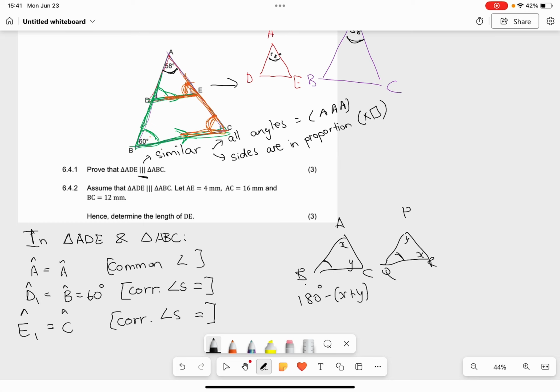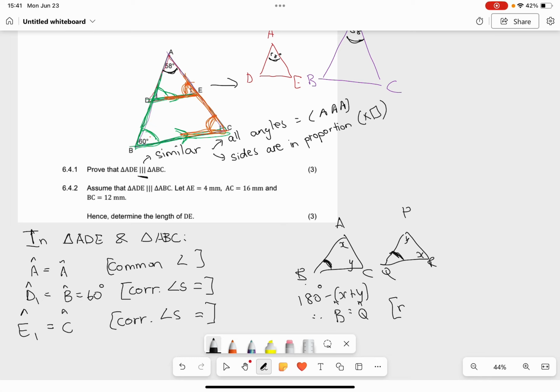So if this angle is X and Y and it's also X and Y in the other triangle, the third angle B will be equal to 180 minus (X plus Y), and even Q will be equal to 180 minus (X plus Y). So since both of them are equal to 180 minus (X plus Y), they are equal to each other. And the reason is angle B is equal to angle Q.